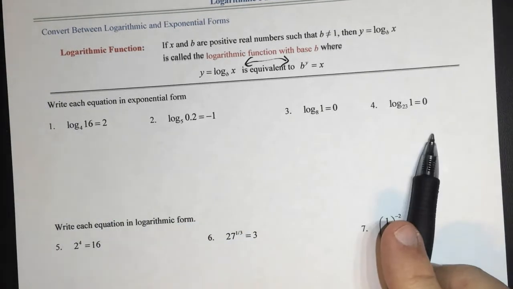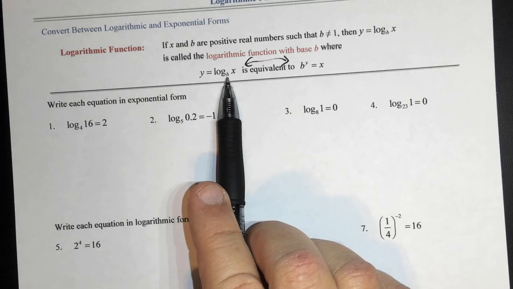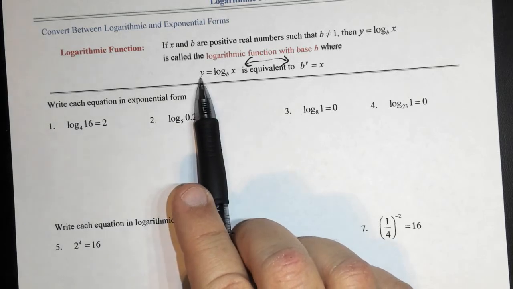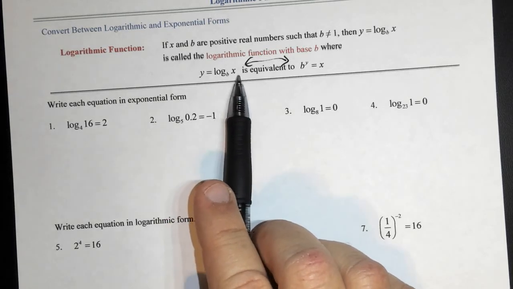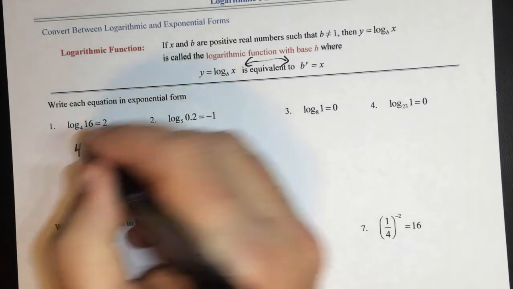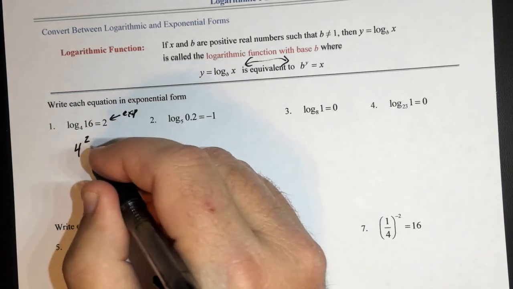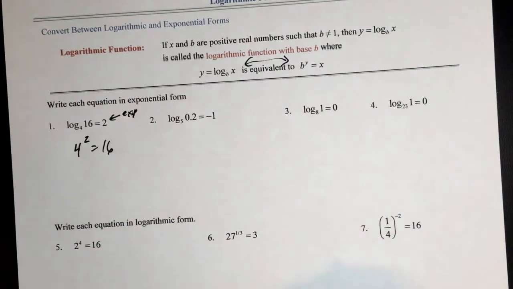In this first row, we want to rewrite these in exponential form. In other words, I want to find my base, my exponent, and the x value. Here's my base, 4. This is always going to be my exponent, squared, is 16, which we know is true.